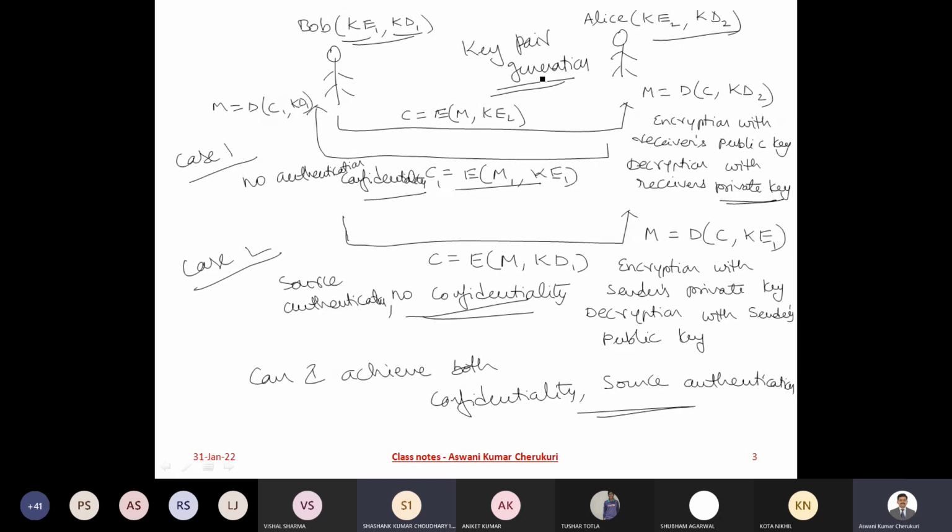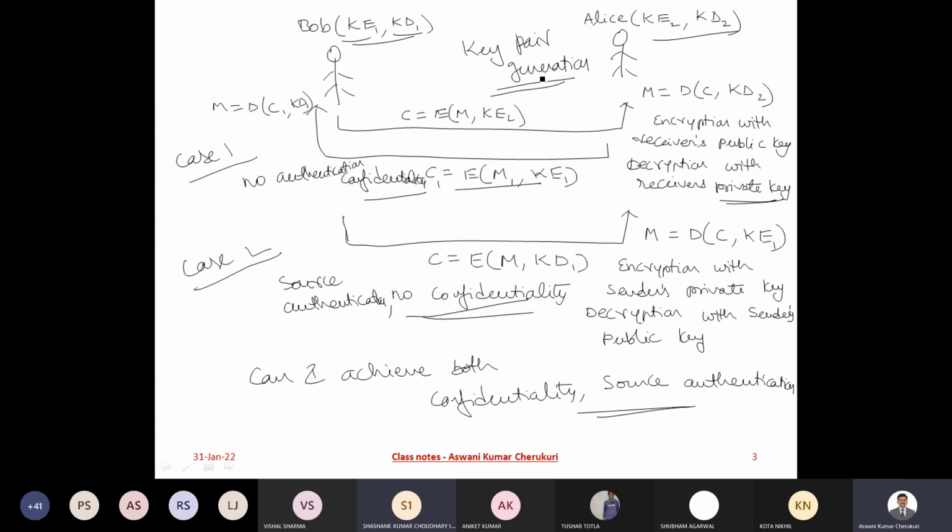My KE1, KD1, similarly KE2, KD2. I need to generate such pairs. So that is a very challenging task in public key schemes. Why is it a challenge? The reason is, first of all, I am generating two keys, KE1 and KD1.